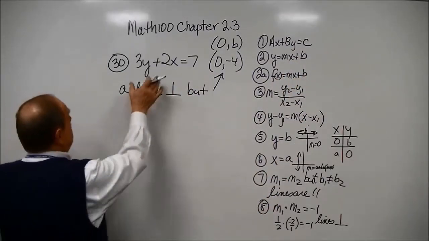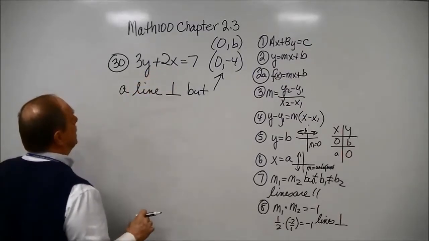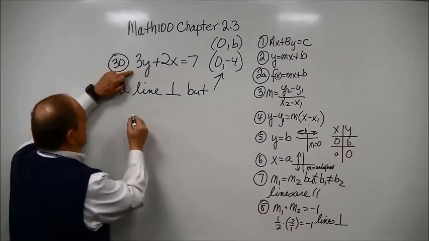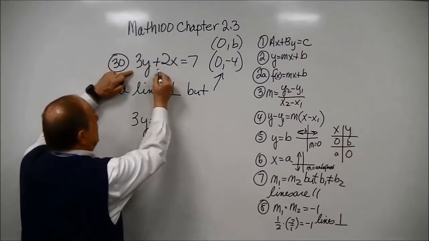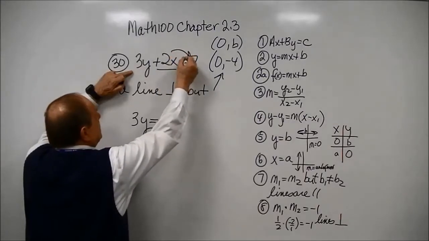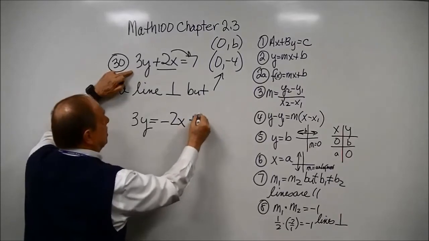So what we need to figure out is the slope of this equation, so we're going to solve it for y. 3y equals, I'm going to take this term and transpose it, negative 2x plus 7.